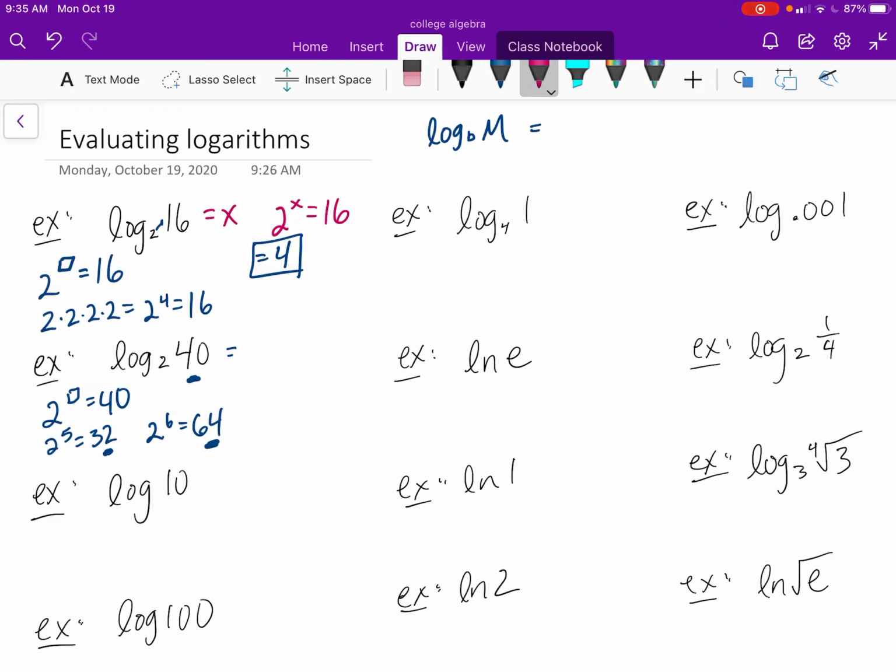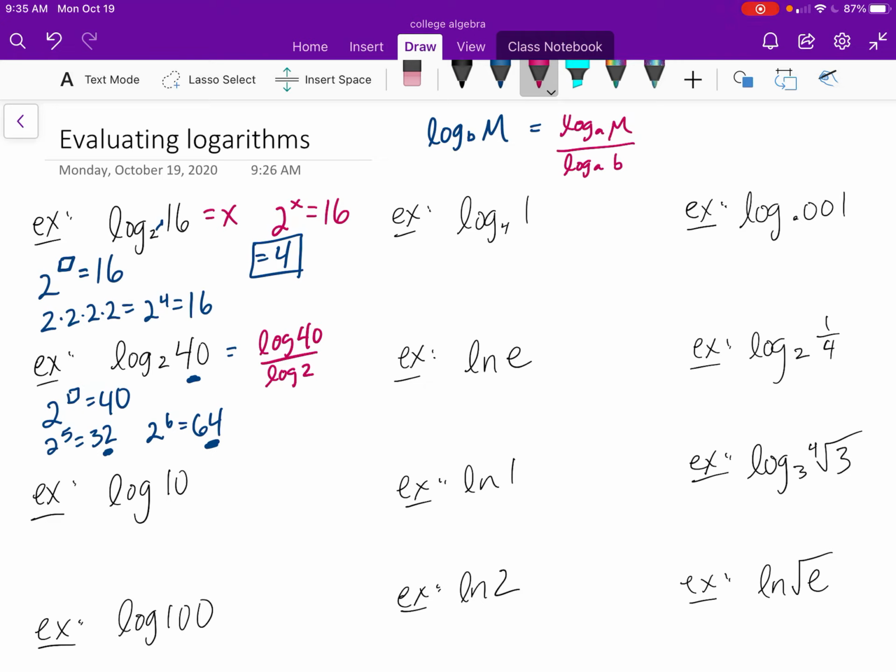And the change of base formula says to do log, take a new base, a, of M, over log, again keep that same base, of b. So basically it says do the log of the big number over log of the little number, the base. That's how I remember it.